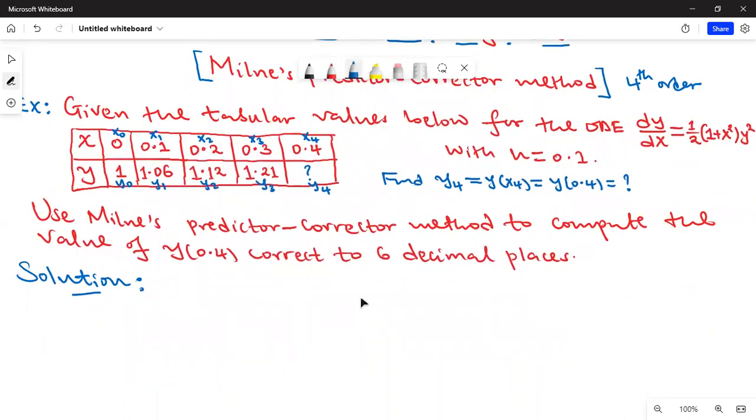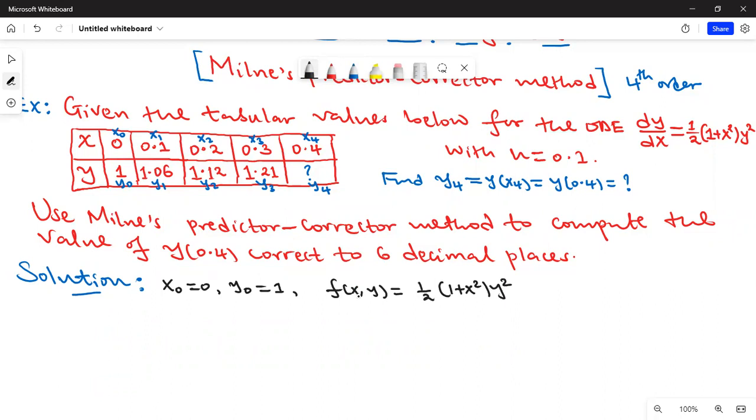So this is how to go about this question. First of all, if you look at our ODE, you realize that our x0 is equal to 0, y0 is equal to 1, as you can see from the table. x1, x2, we can read them from the table. Our f of x, y is equal to 1 over 2 into (1 plus x squared) times y squared.